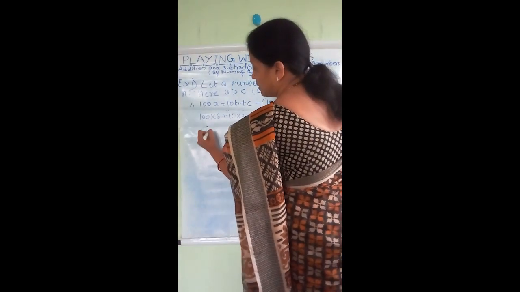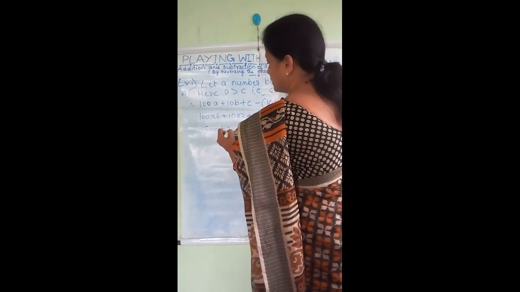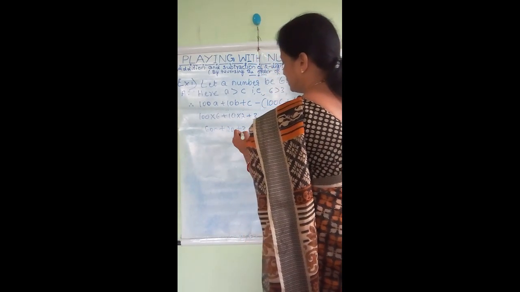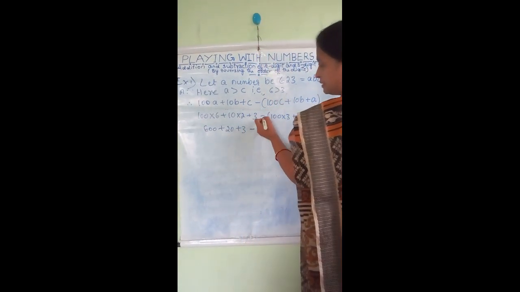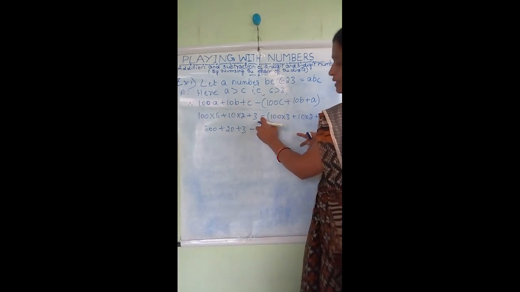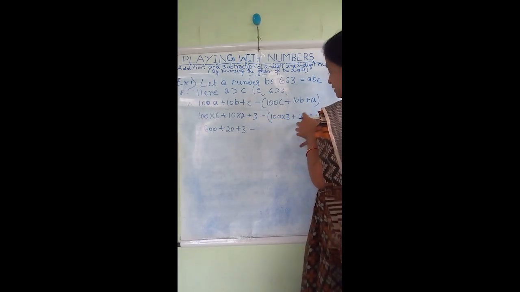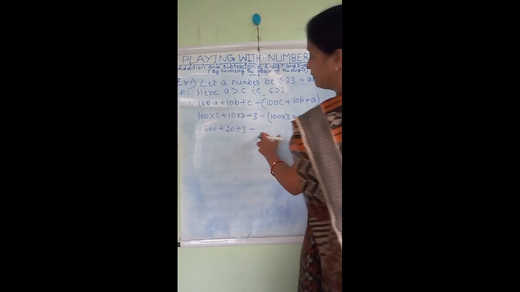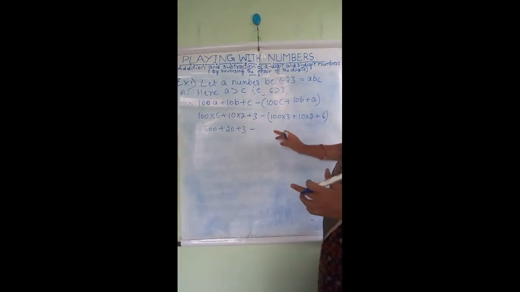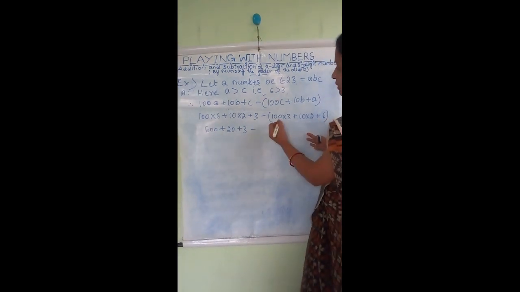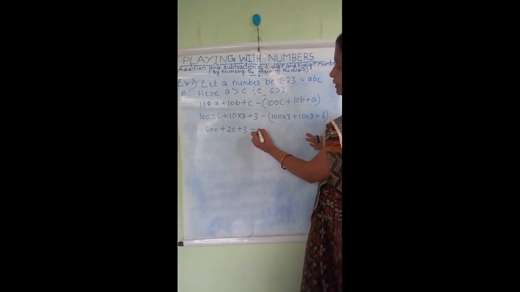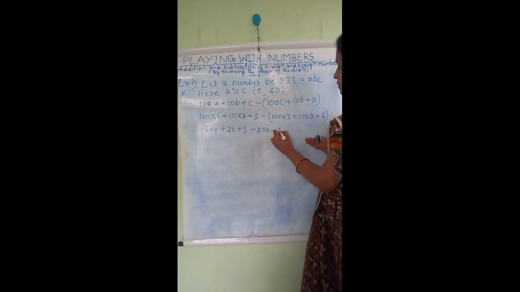Now, 600 plus 20 plus 3 minus, see here, outside the bracket a negative sign is there, so all the terms inside the bracket carry a negative sign. 100 into 3, 300 minus 20 minus 6.